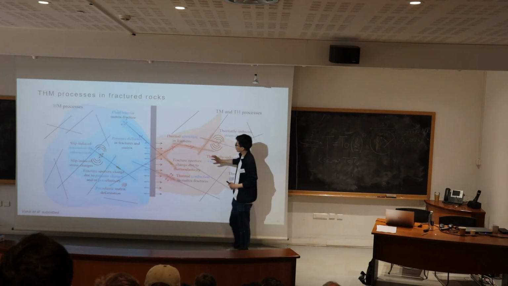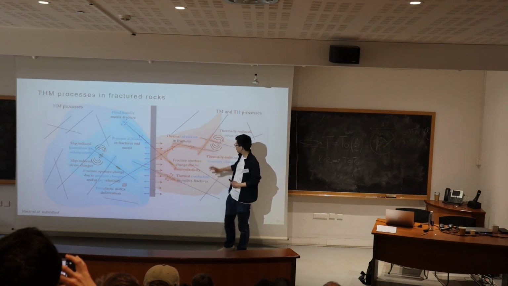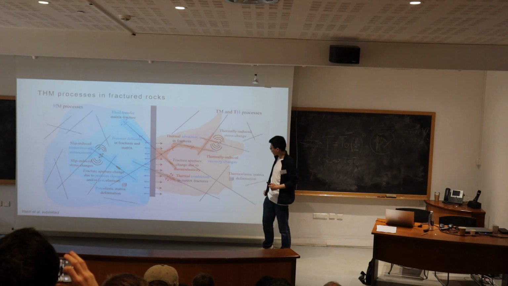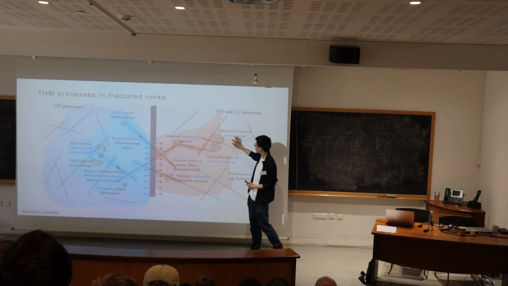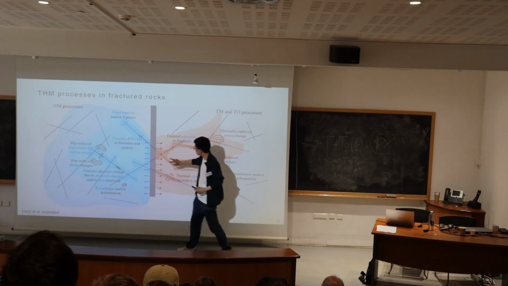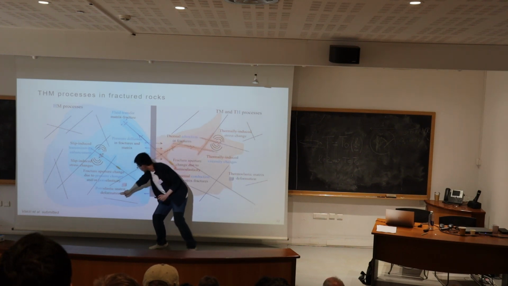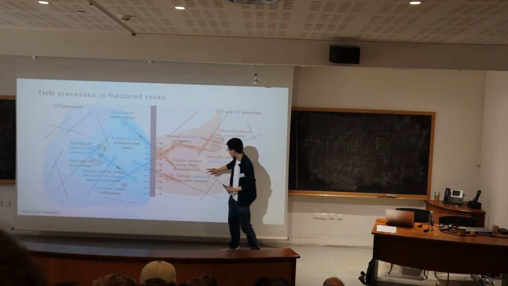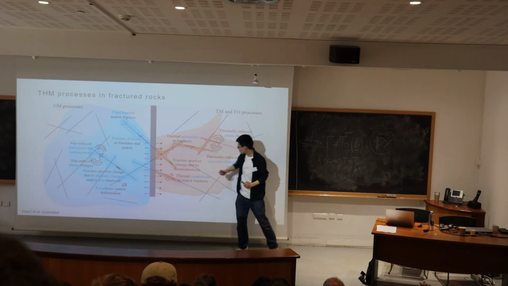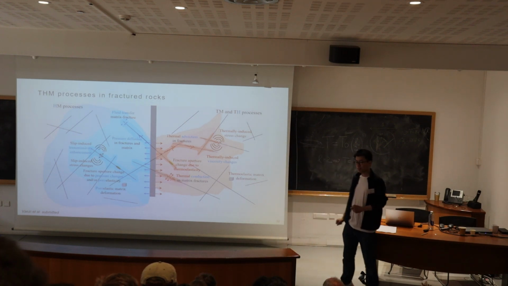Here you can see that in the fractured rock in the EGS system, both direct and indirect coupling are present and occur in quite diverse ways. For example, here, the poroelastic matrix deformation is direct coupling, and we also have the fracture aperture change due to thermal elasticity, which is indirect coupling.